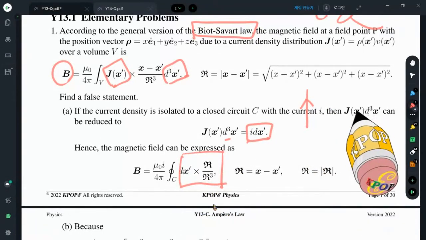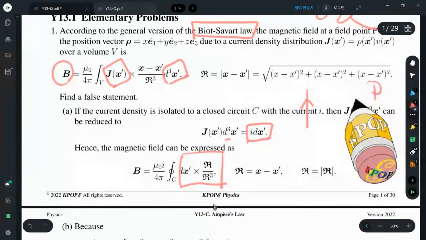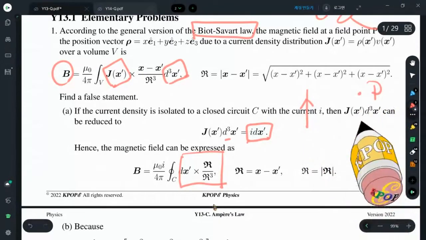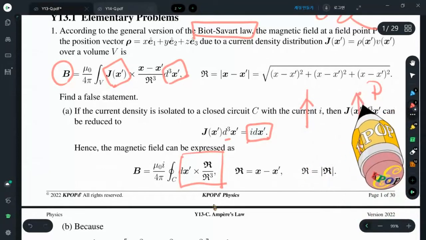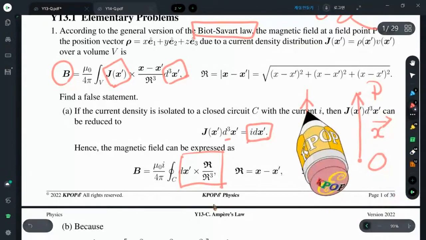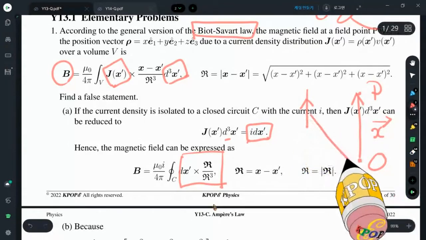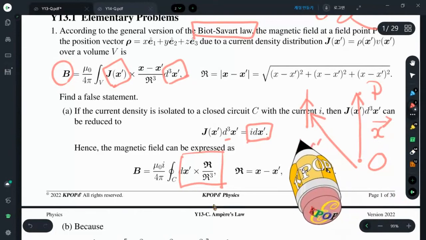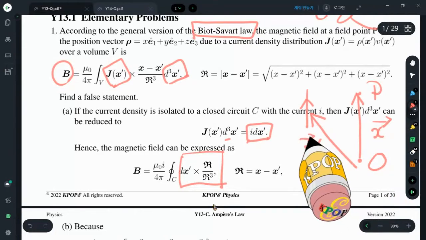First of all, we have a field point P, and we have an origin somewhere. This is expressed as the x vector. And the current is the source, so we use a different notation, that is x prime.